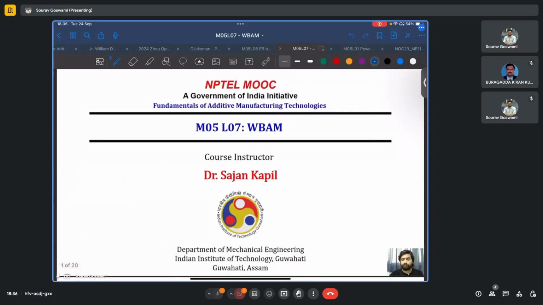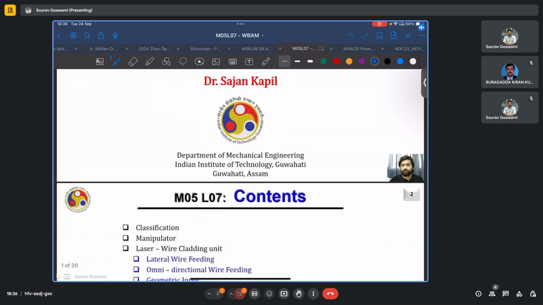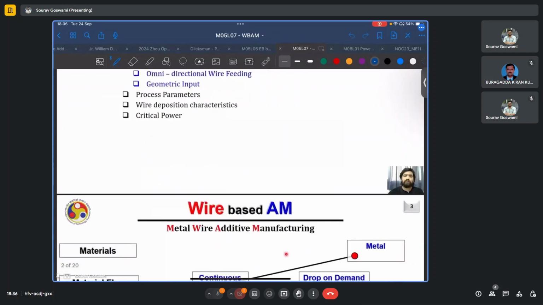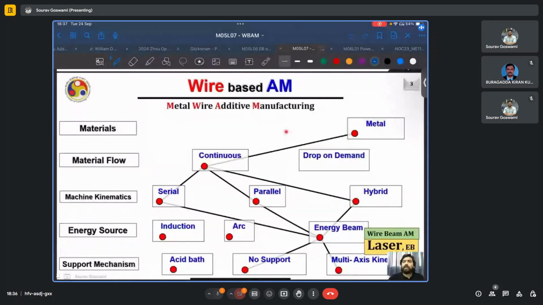The next set of lectures were on laser beam based additive manufacturing processes. Here again, the wire material that we worked with was metallic. The material flow was continuous, so the wire was simply extruded through some pinch roller like mechanism.